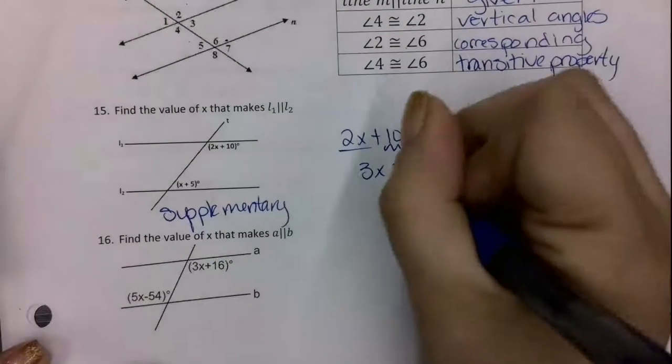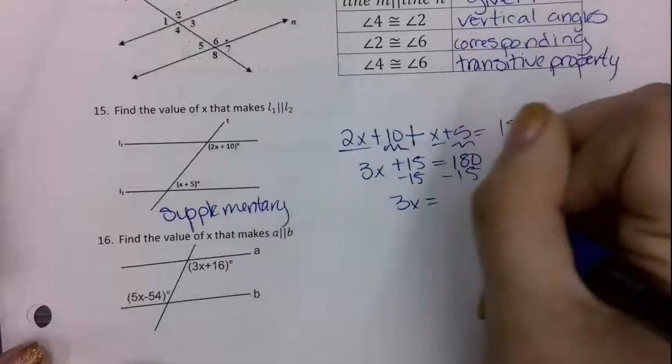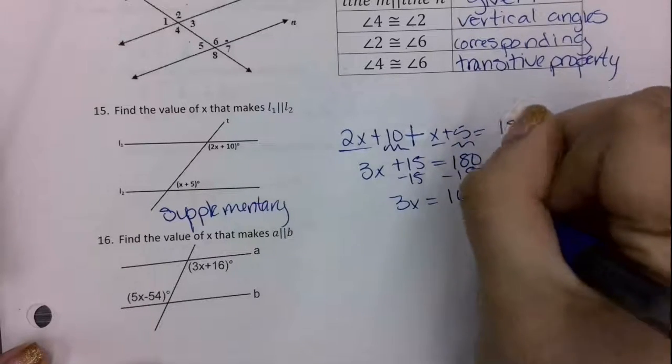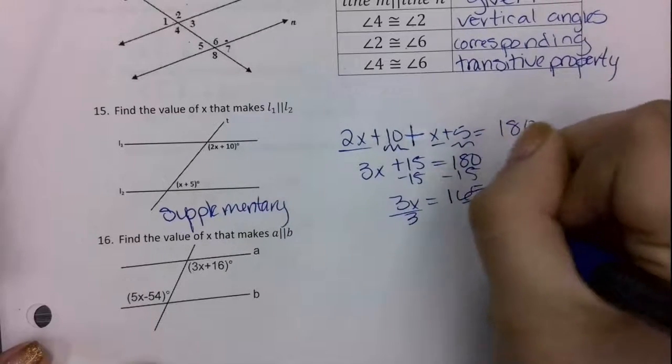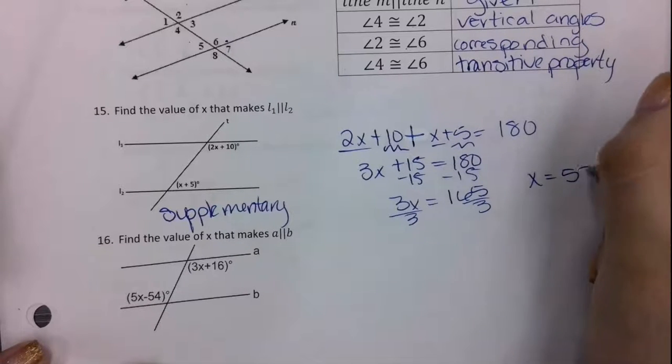Still equals 180. I subtract 15 on both sides. I get 3x equals 165. I divide by 3. I get x equals 55.